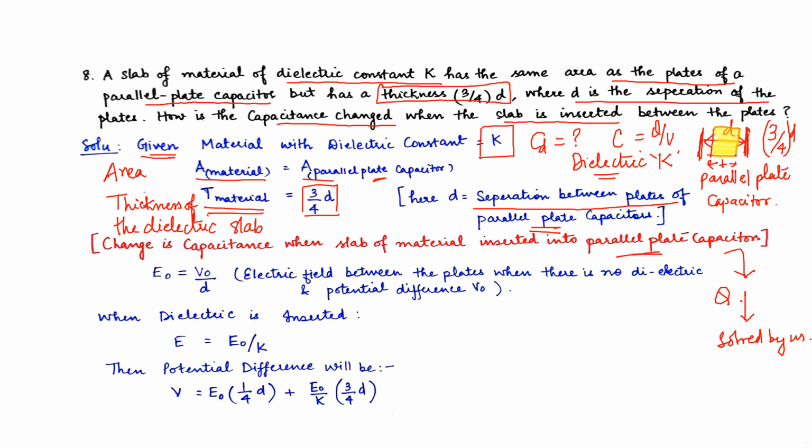Now we know the electric field between the plates when there is no dielectric, and the potential difference is V naught. It is given as E naught equals V naught by d.